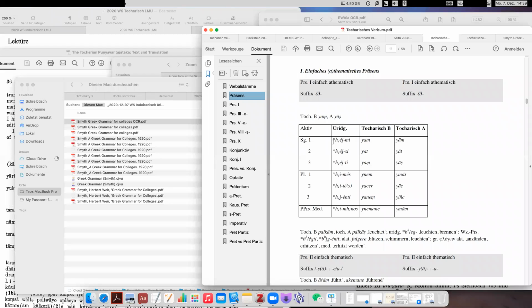This is first a present one. It's called simple athematic. And what is simple athematic? You just put the ending mi, si, ti directly after the root. So this is simple athematic.